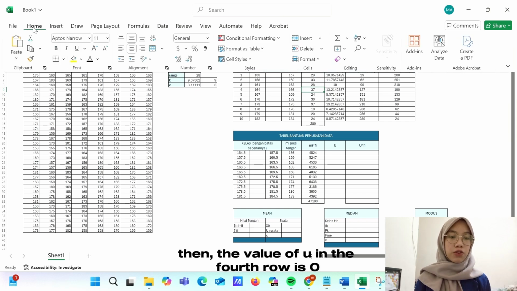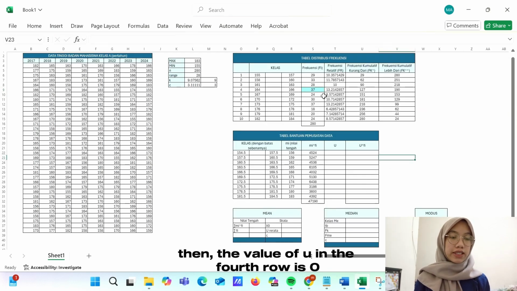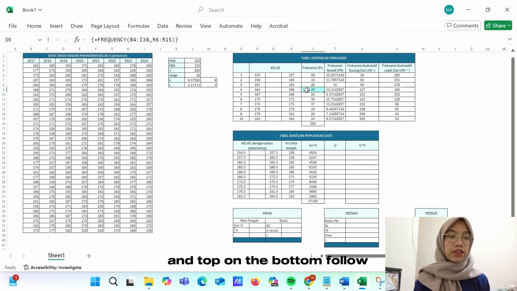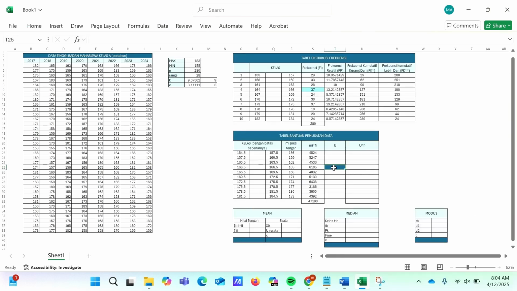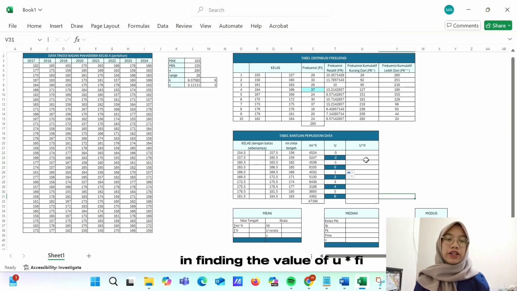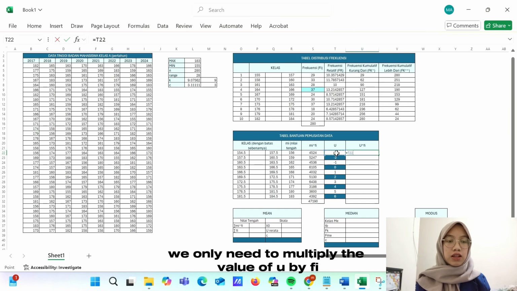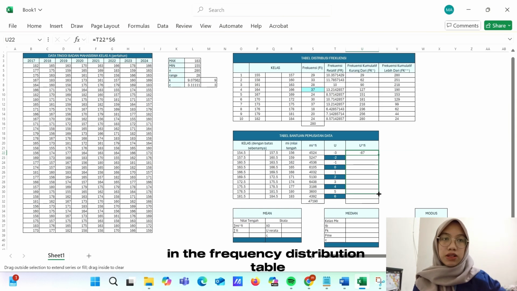Then the value of U in the fourth row is 0, and the rows above and below follow, with the top being negative and the bottom being positive. In finding the value of U multiplied by v, we only need to multiply the value of U by v in the frequency distribution table.